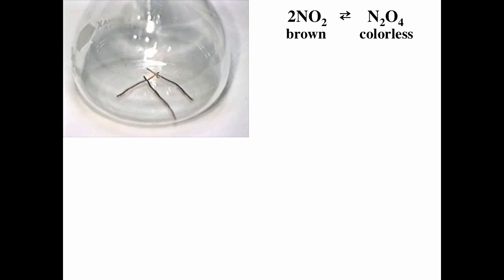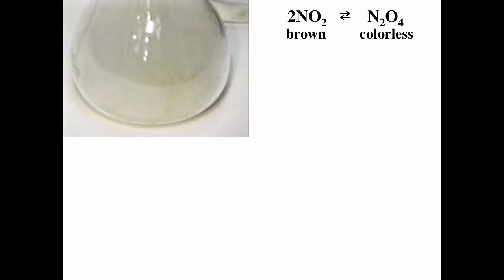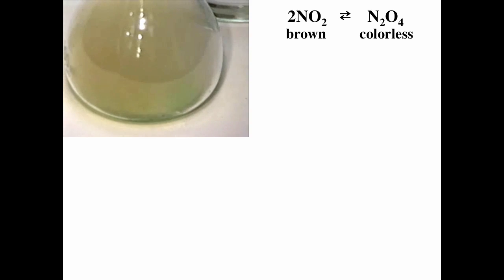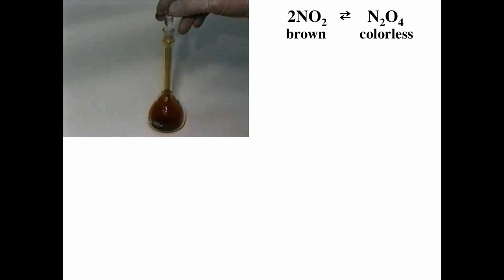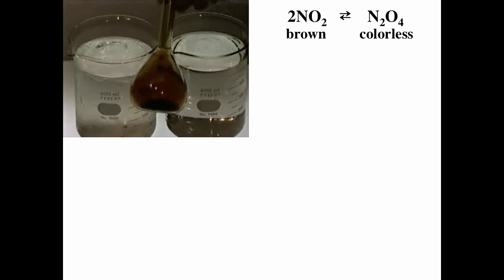Nitrogen dioxide, a reddish-brown gas, is formed when nitric acid reacts with copper. The gas is poisonous and must be handled carefully. Even small quantities can cause irreversible lung damage. In a closed system, nitrogen dioxide exists in equilibrium with dinitrogen tetroxide, which is a colorless gas.